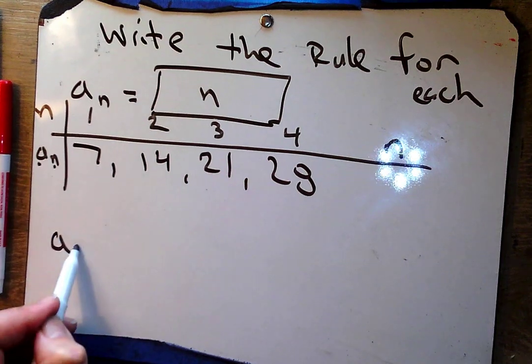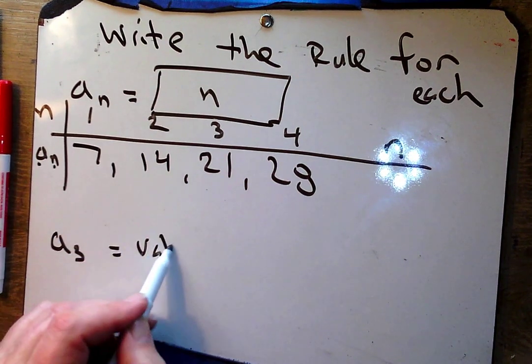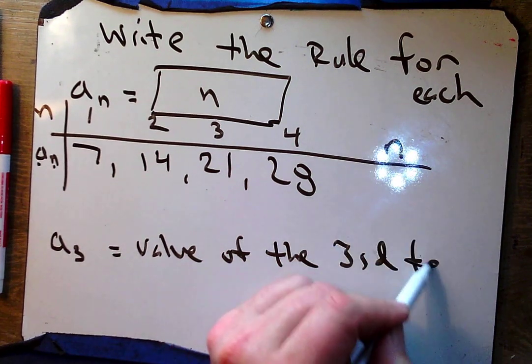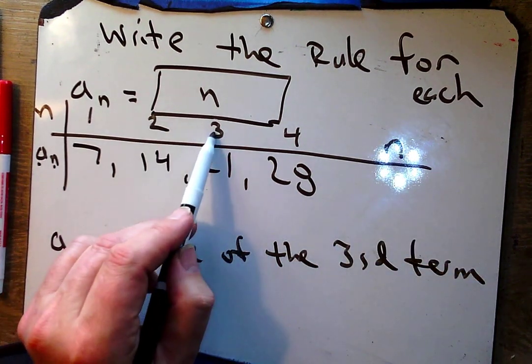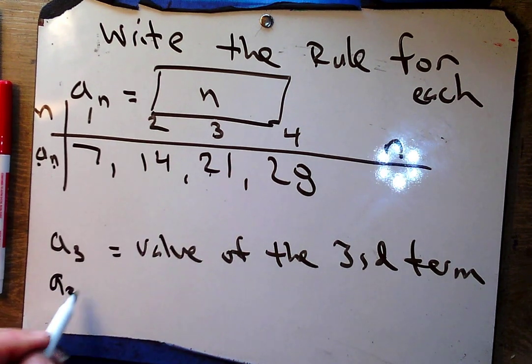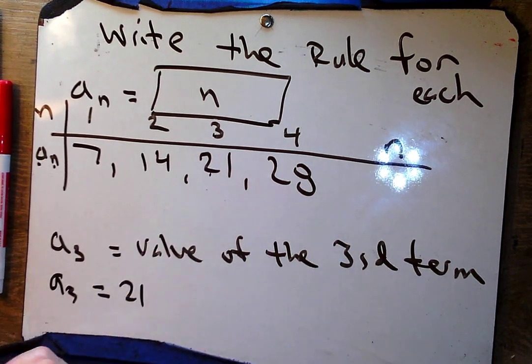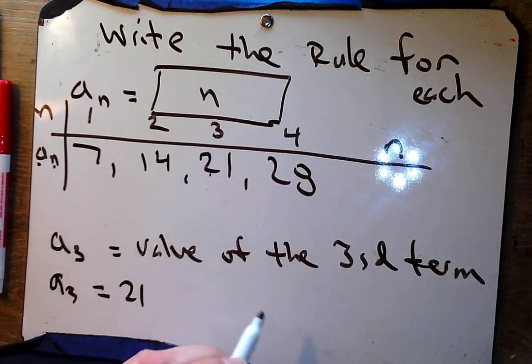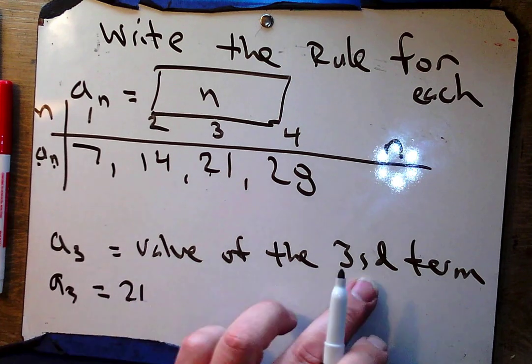So when I see a sub 3, that's the value of the third term. So here's the third term, and its value is 21. So a sub 3 is 21 in this problem. But in this problem, we're asked to write the rule for each. They don't want to know a specific value.